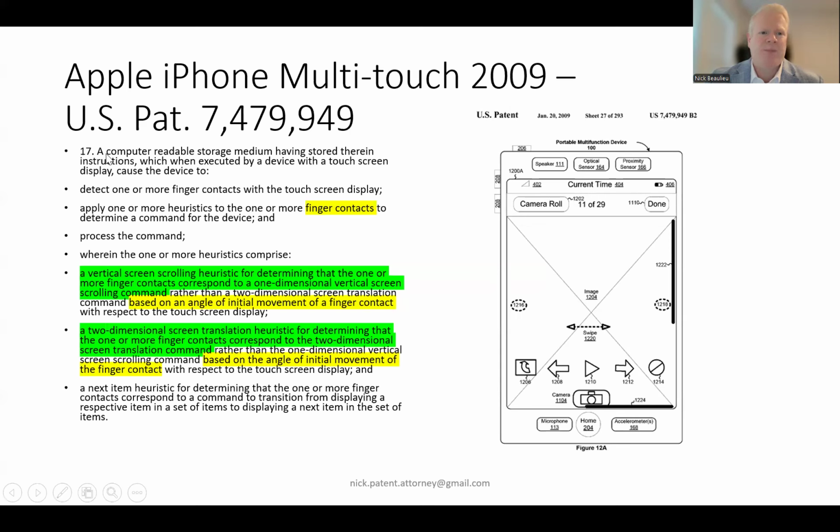It says, computer readable storage medium having stored therein instructions which, when executed by a device with a touchscreen display, cause the device to detect one or more finger contacts with the touchscreen display.